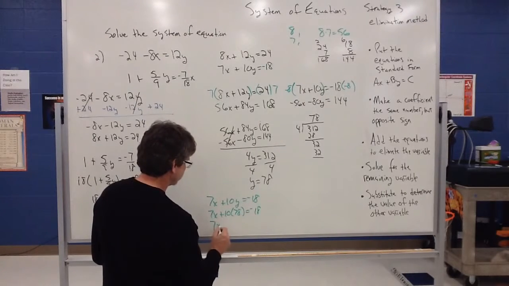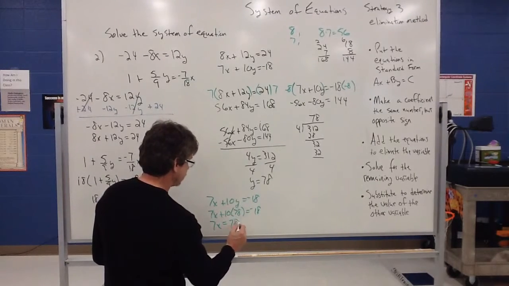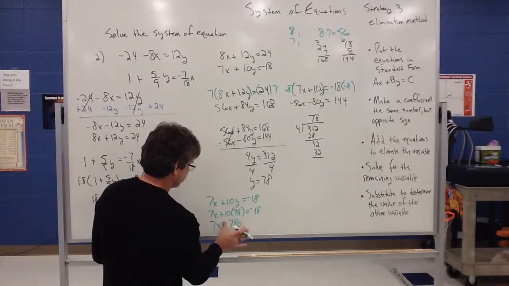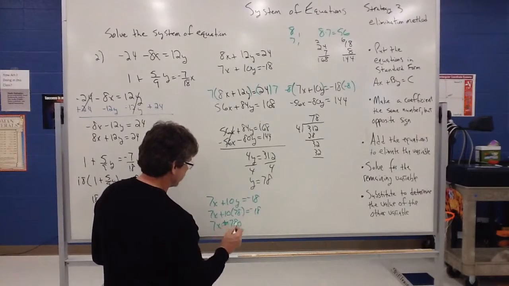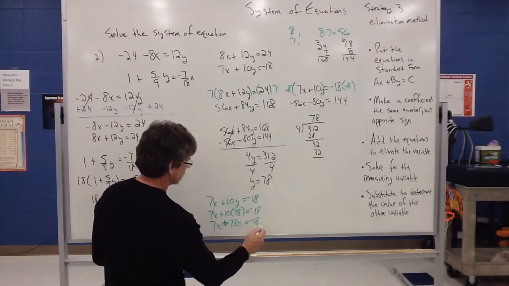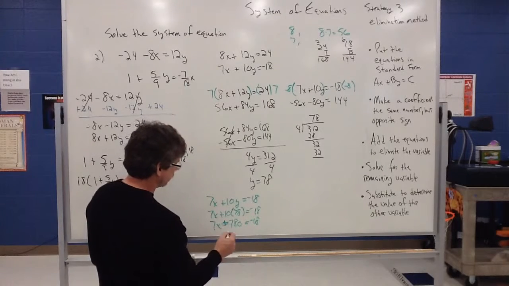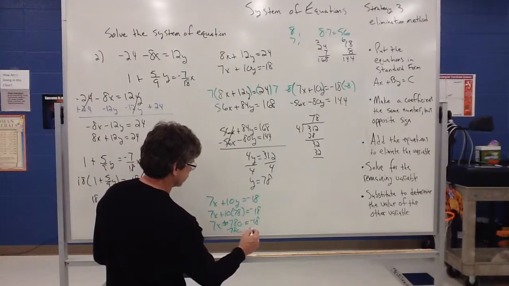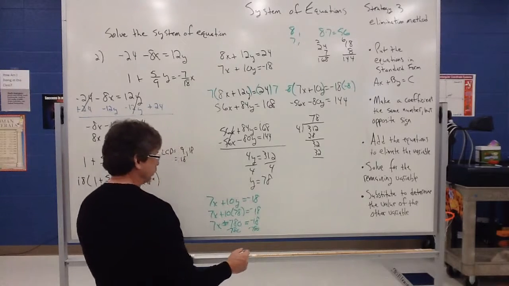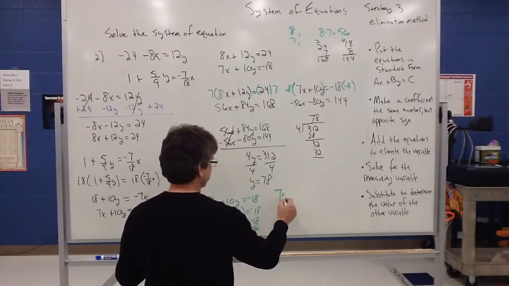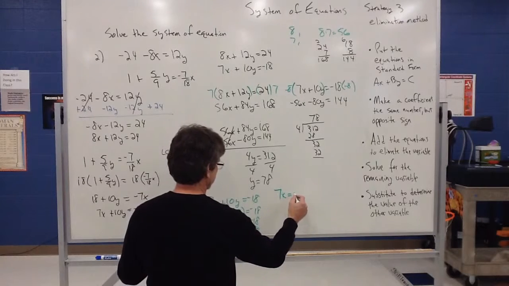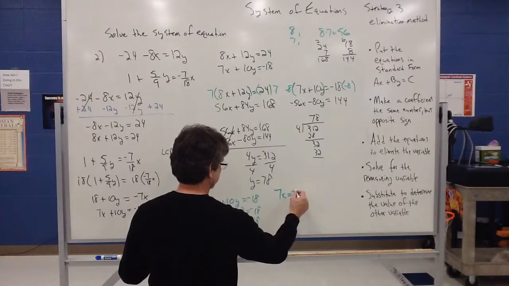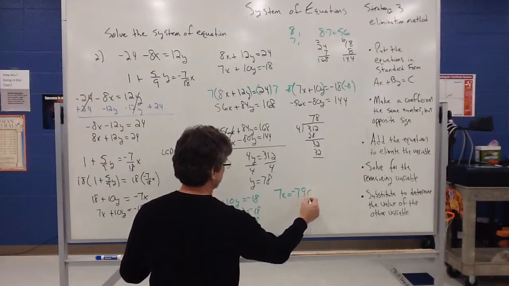So 7x plus 780 equals negative 18. And then I have to solve for x. So I've got to subtract 780 on both sides. So I'm going to have 7x equals a negative 798.